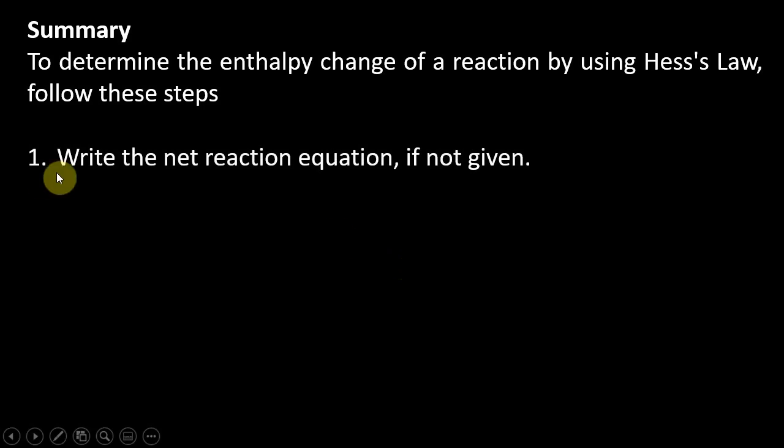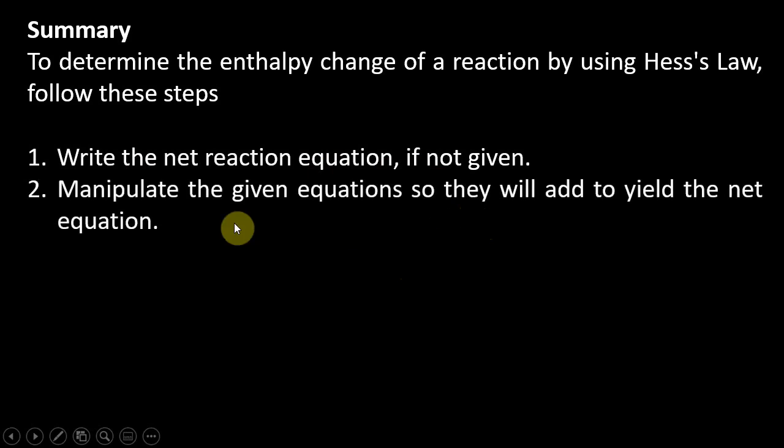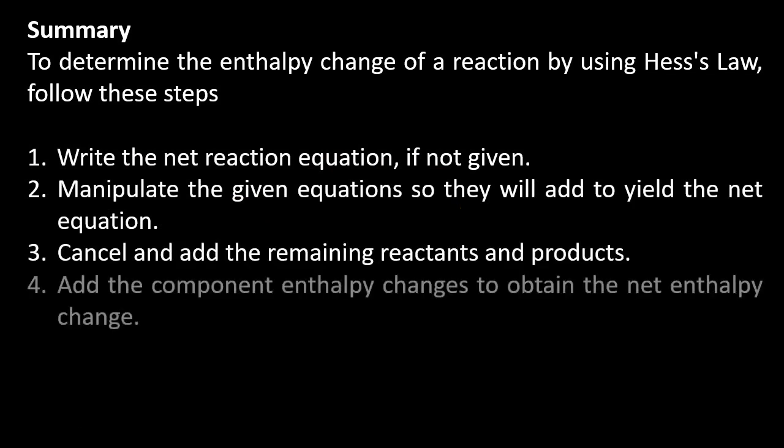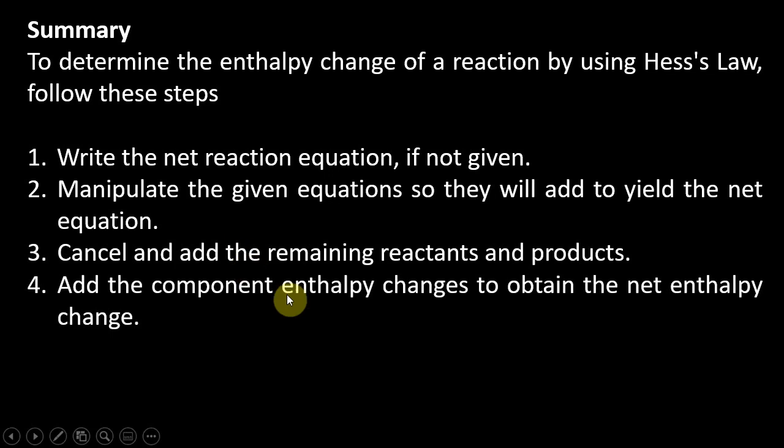So the steps: write the net reaction of the equation that isn't given, if it's not given. Manipulate the given equations to yield the net equation. Cancel and add the remaining reactants and products. Add the component enthalpy changes to obtain the net enthalpy change. And you're done.